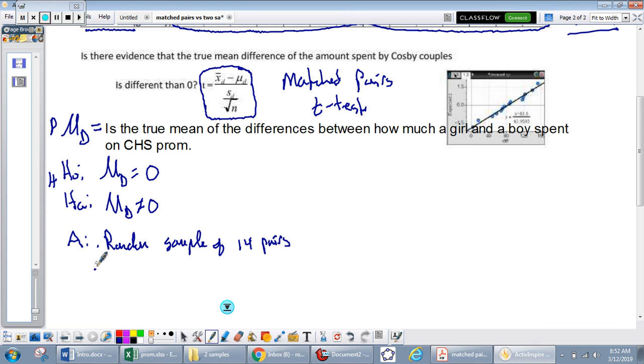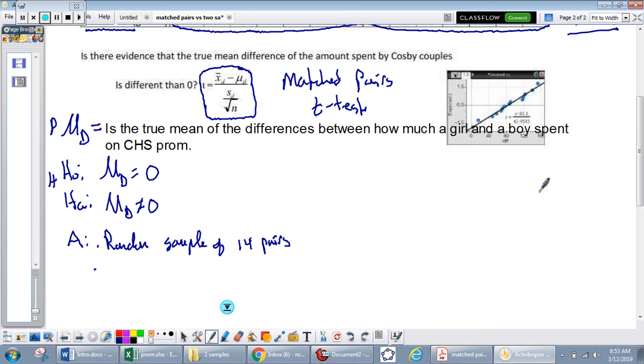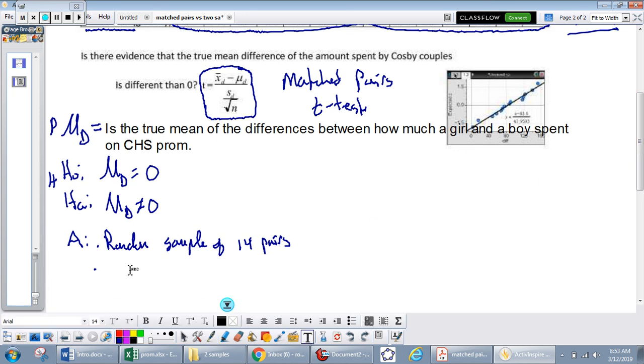And independence we're going to kind of leave out. Now I need independence between the couples, but not within the couples, and that's tricky. So we're just not going to get too specific on this. And then we need to check normality. So what do we talk about with normality? Hey, look, these differences, right? So a normal probability plot of the differences shows a linear pattern.